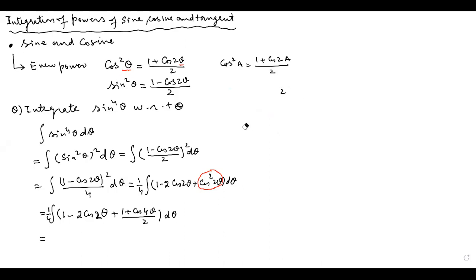So cos square 2 theta is equal to 1 plus cos 4 theta over 2. Now I will simplify this expression. You can see that there is no power on sine and cos.